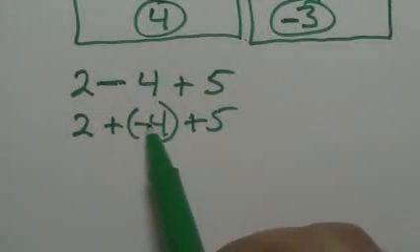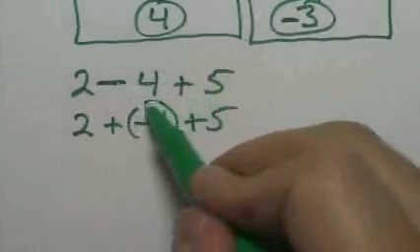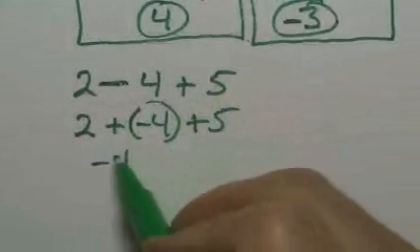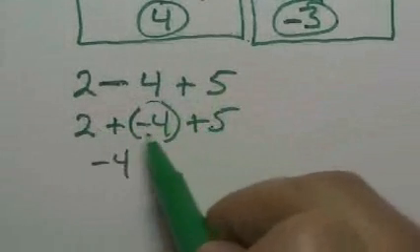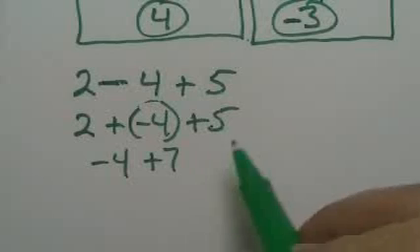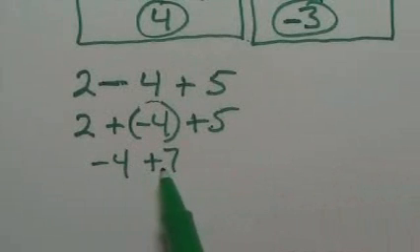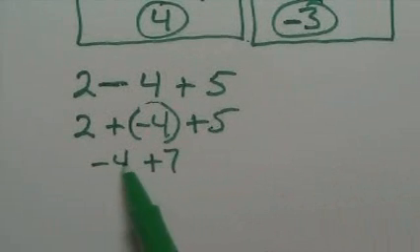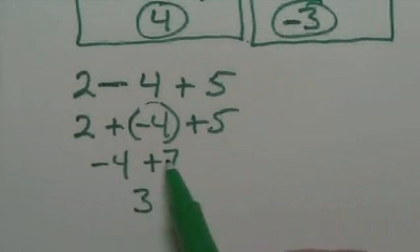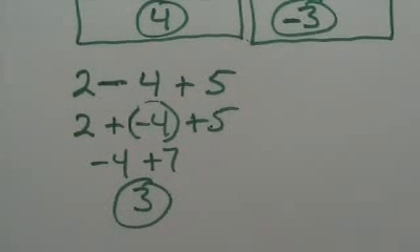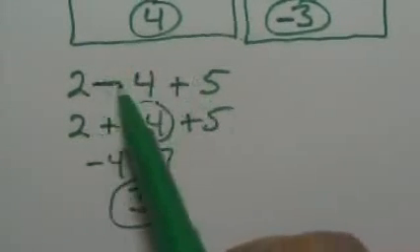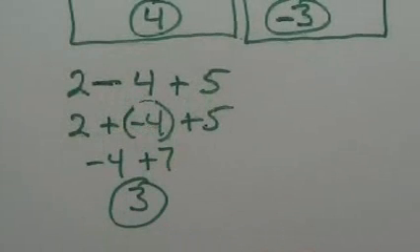So let's see, I look at my negatives, I have negative 4. I look at my positives, 5 and 2 is 7. And negative 4 and 7, they're different signs, so I subtract. 7 take away 4 is 3, and there's more positive. Okay, so if you see subtracting, that's the same thing as adding a negative.